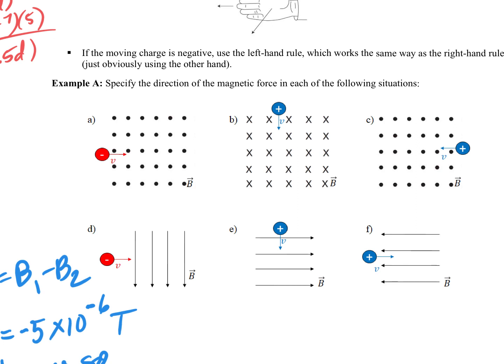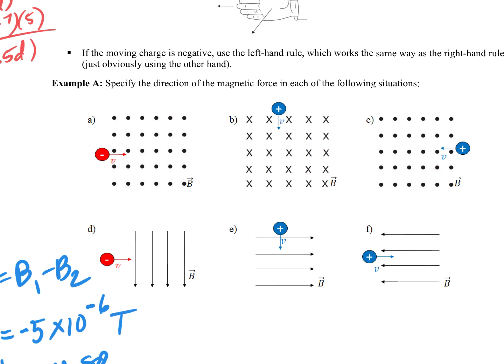Out of the page because the field's going down, the velocity of the charge is going to the right. So that makes a plane. Pointer finger has to go in the direction of the B field, doesn't it? Mhm. This finger goes in the direction of the velocity. So this way and this way, so it's pointing out, right? Okay. Let's double check this one. Out of the page this way should be going up, but it's positive so it's actually going down, okay?